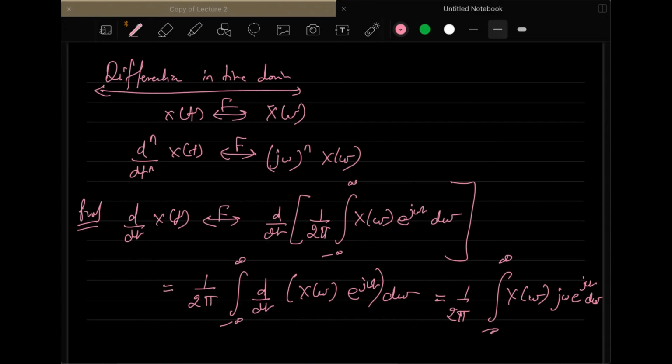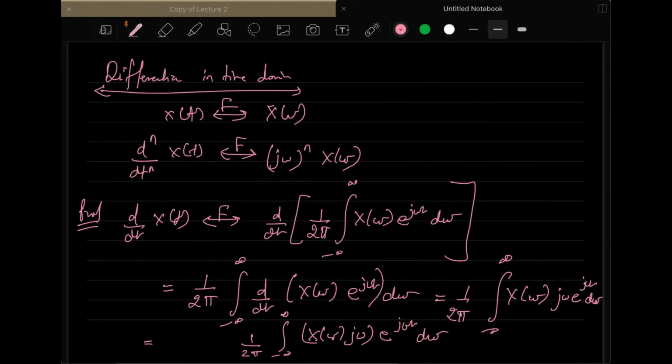So as you can see, the expression becomes 1 over 2 pi, integral from minus infinity to infinity, X of omega j omega e to the power j omega t d omega.